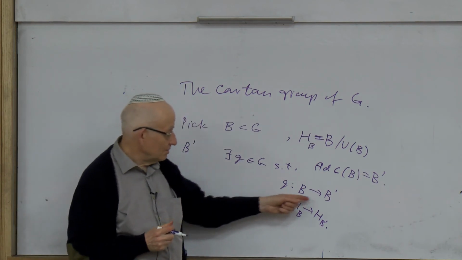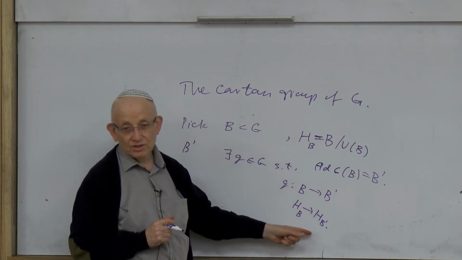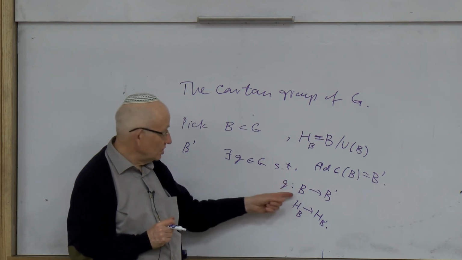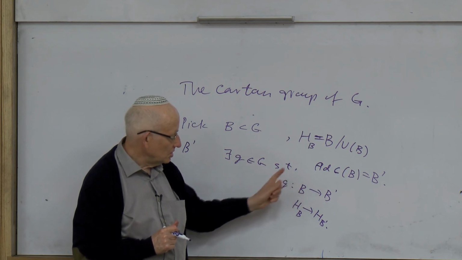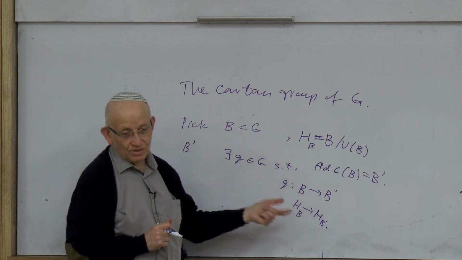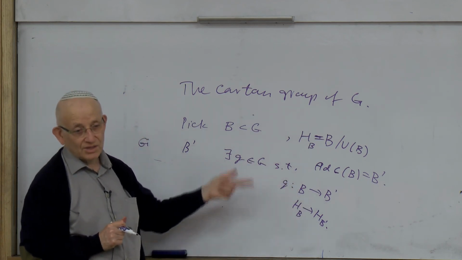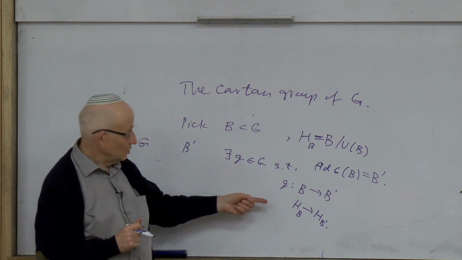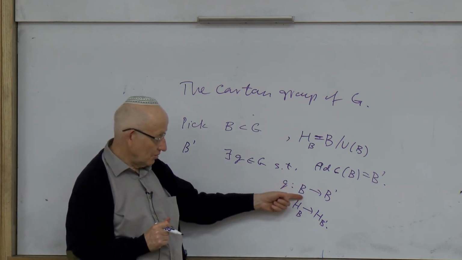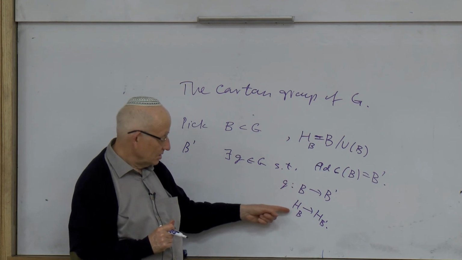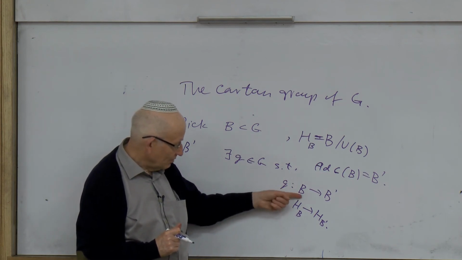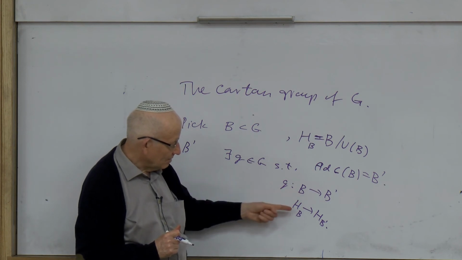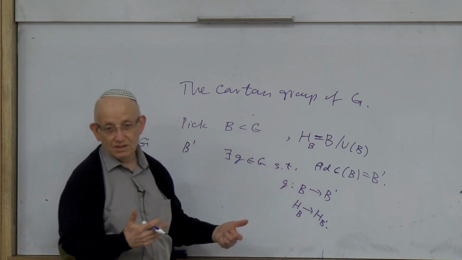Now the claim is that this morphism is absolutely canonical and doesn't depend on choices, because g is defined up to an element which maps B into itself, an element of the normalizer of B. The normalizer of B coincides with B. So g is defined up to an element of B, but the morphism given by such an element on H_B is just the identity.